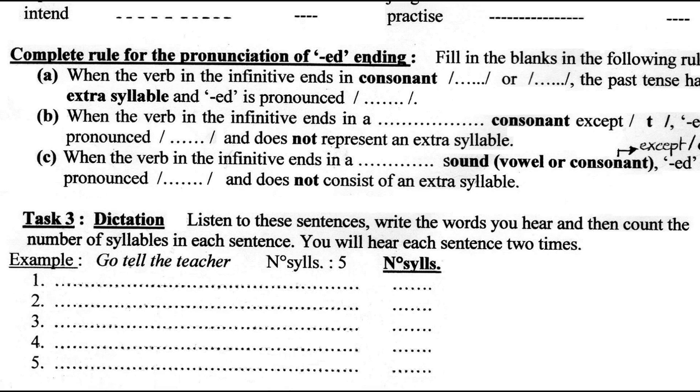How many syllables do we have in this sentence? We have 5 syllables. So now you listen to me and write down the sentences I'm going to say, and then you pause and count the number of syllables.